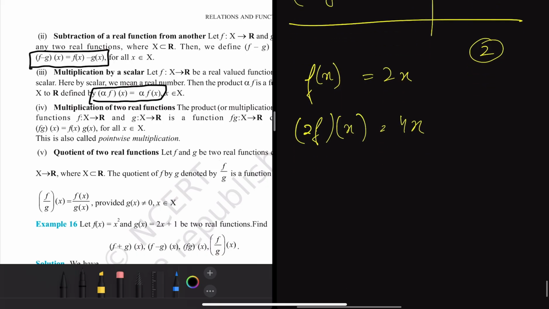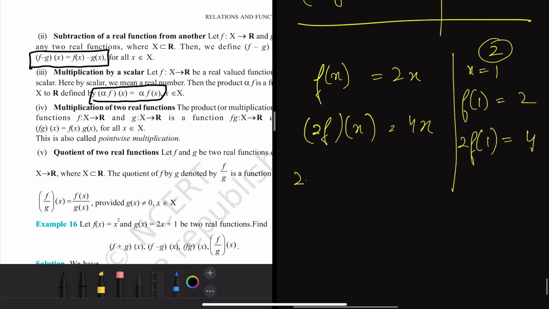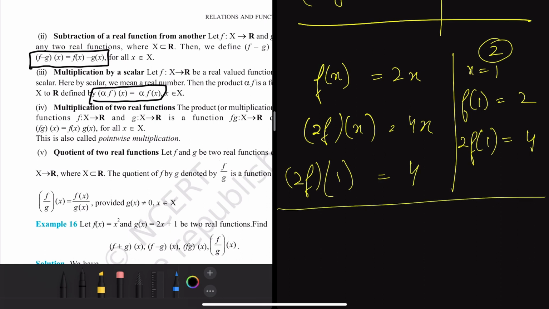Or after, if I put the value of x equal to 1, then f of 1 is equal to 2, and if I multiply 2 times f of 1, I'll get 4, which will be similar to multiplying the function itself with 2 before and then putting the value of x as 1. I'll get the same result.